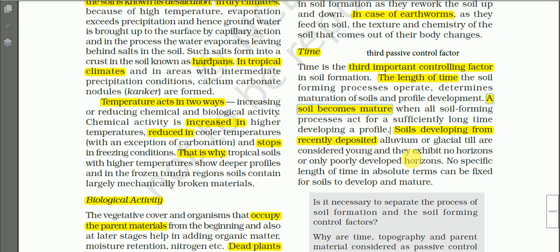It will develop a thick layer of soil having different layers, different types of profiles.